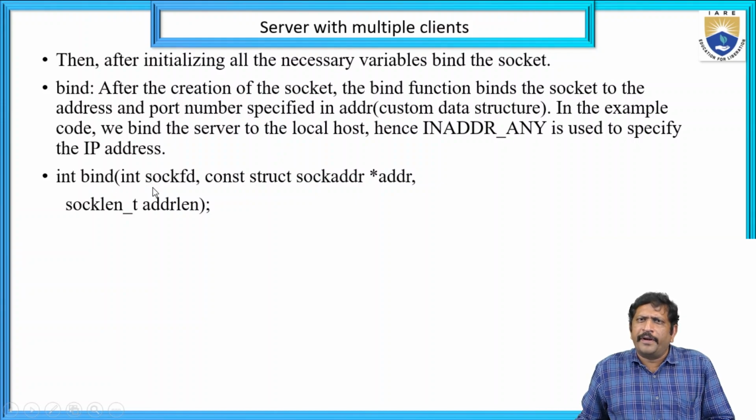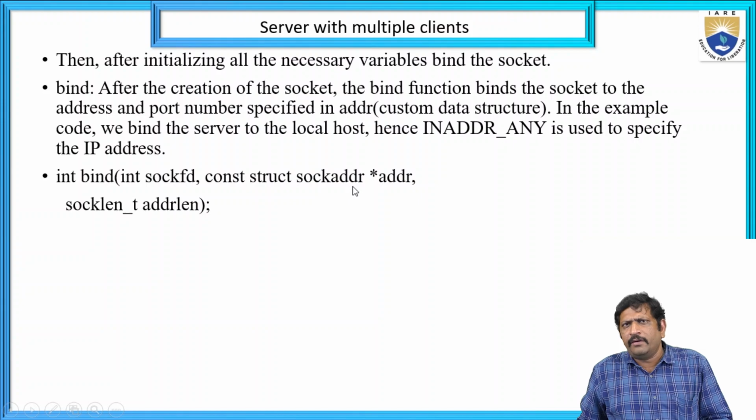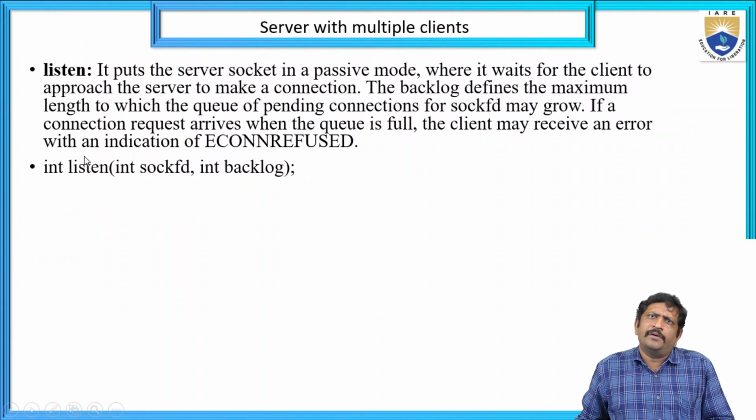The arguments are int socket fd, a const struct sockaddr pointer, and socklen_t, which specifies the length of the address. That means the length of the address at the server side and client side.